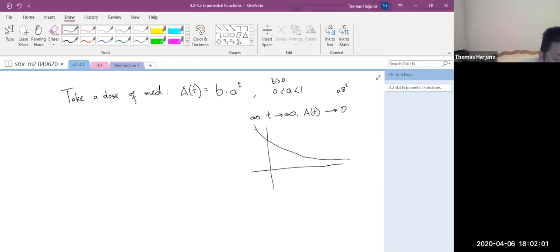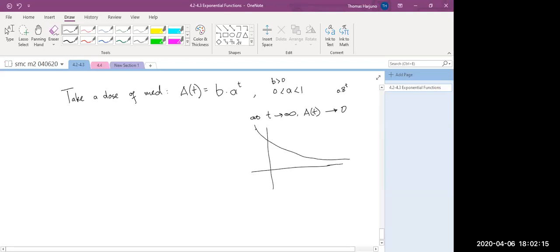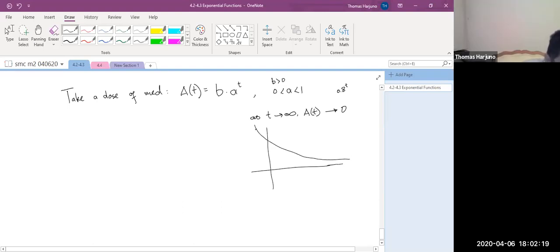Okay, and why 4 years? Because if you look at this exponential function, the amount will never be zero in your body. Do you notice that? Yes. Right? That's only when t goes to infinity, the amount will be zero, right? That's if we live forever.